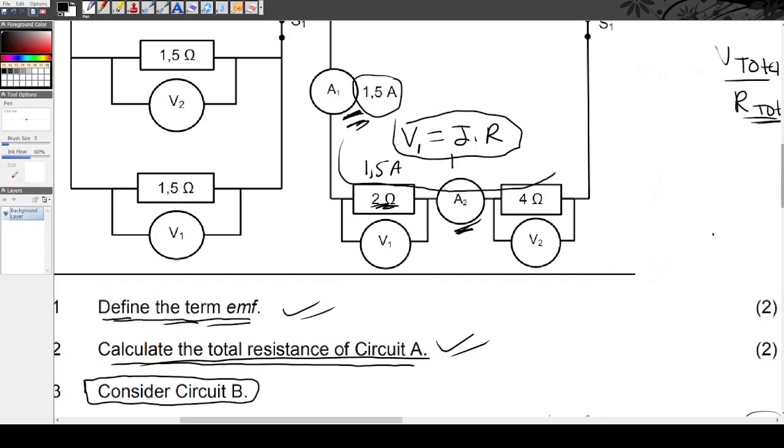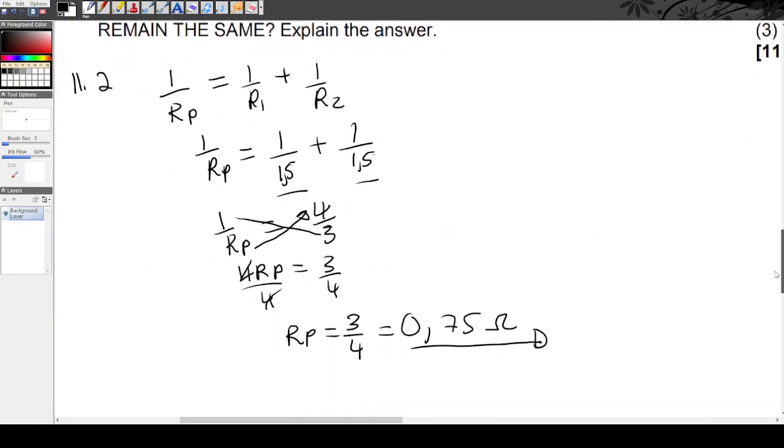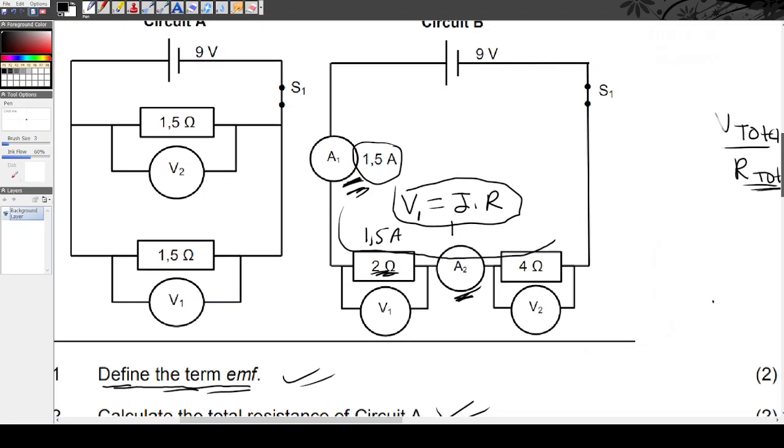It will help you do a lot of calculations. Okay, so let's not waste time. Let me just do the calculations right here. V1 is equal to I, which is 1,5, times R, with the value of R being 2, which is equal to 3 volts, because 1,5 times 2 is 3 volts.